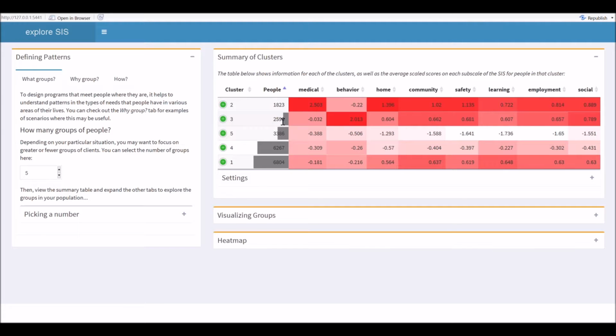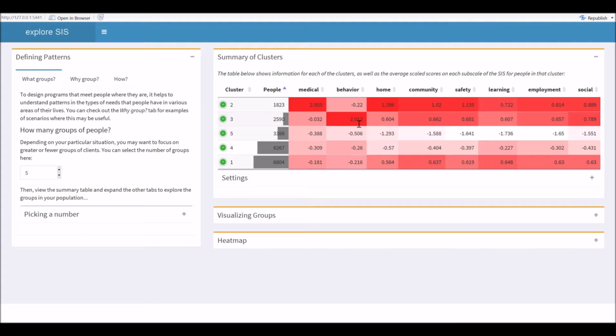We also can see that the second smallest group of people, 2,590 across the state at this time, have some more moderate needs, not as high as the needs of the people in the initial cluster that we looked at, but this second group has higher behavioral needs.